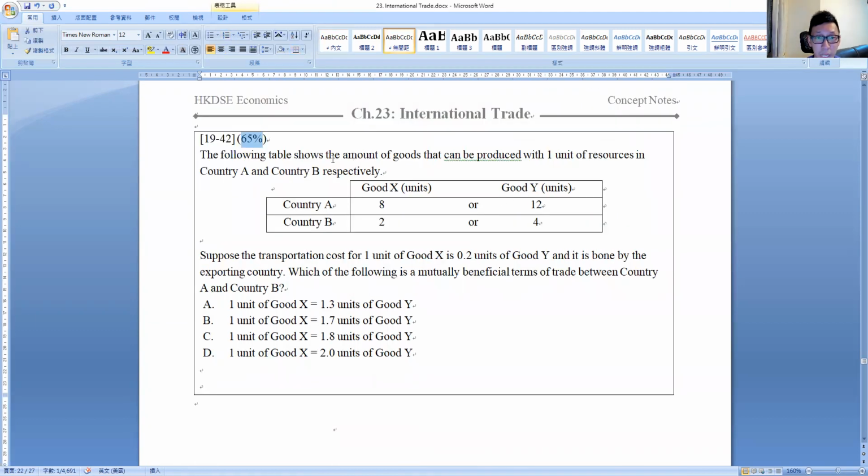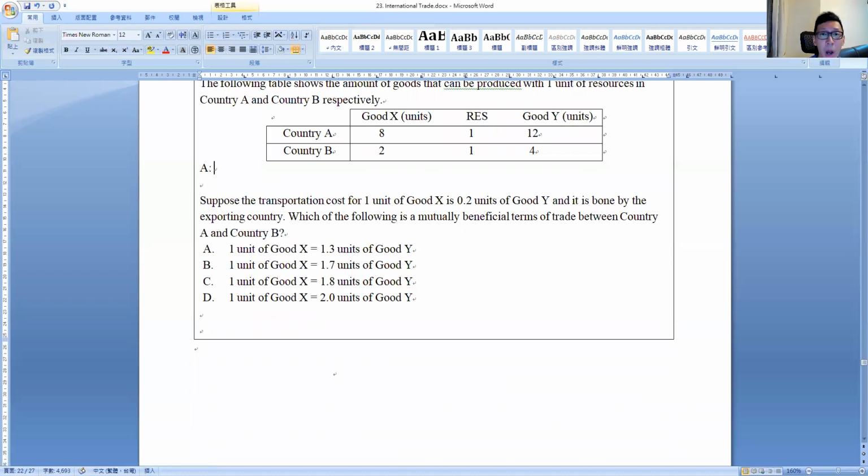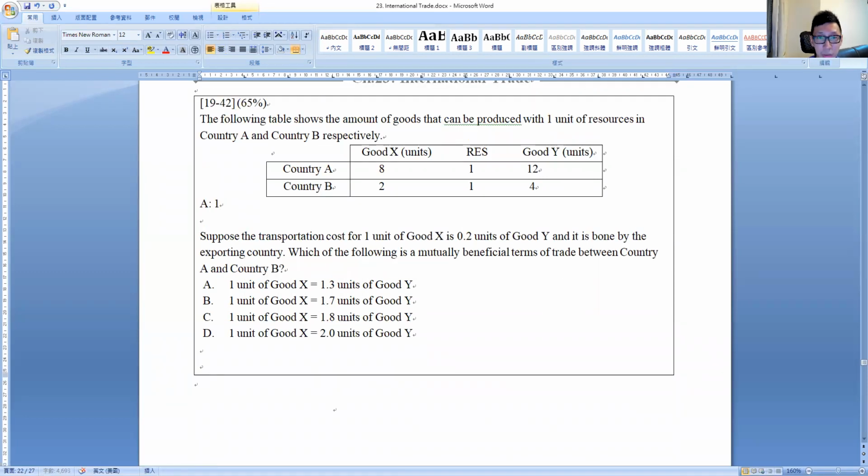Now it shows the amount of goods that can be produced with 1 unit of resources. So easy, right? One, and that will be resources. Yes. Now, so the opportunity cost of country A, 1x equals to 1.5y, or 1y equals to 0.67x, right?